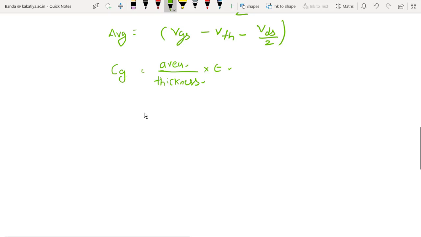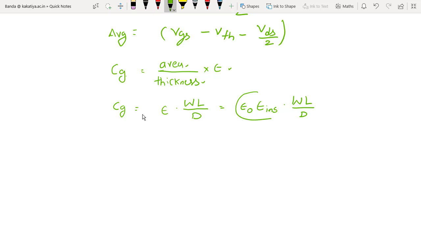So CG becomes epsilon into WL divided by D. Here the permittivity is again written as epsilon naught, the air permittivity, into epsilon insulator, into WL by D. This can be rewritten as CG equal to C naught; you can write C naught also if you want, otherwise you can keep this.